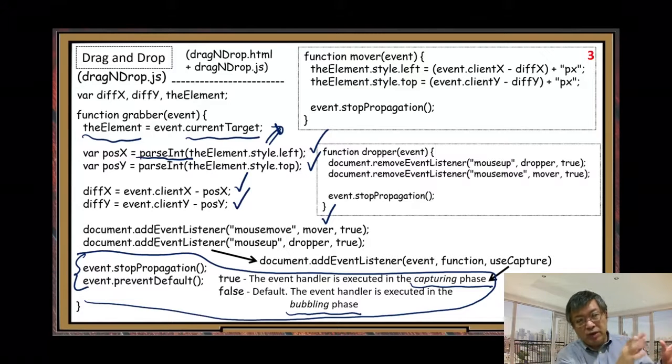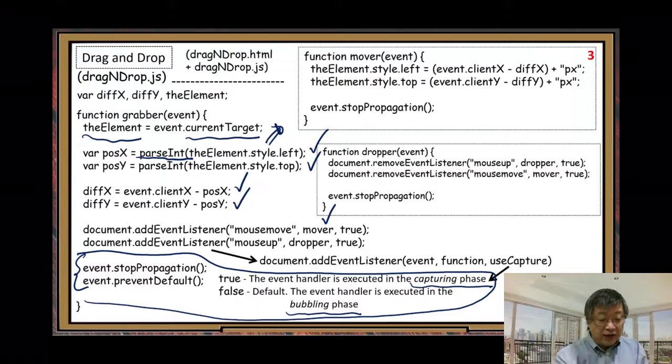So stop propagation. We should not, because propagation could happen. A lot of things happen, but we don't want that. So we stop propagation. So prevent default. By default, something happens, but we don't want that. So we want our new way. All right. The detail we leave to some later example.